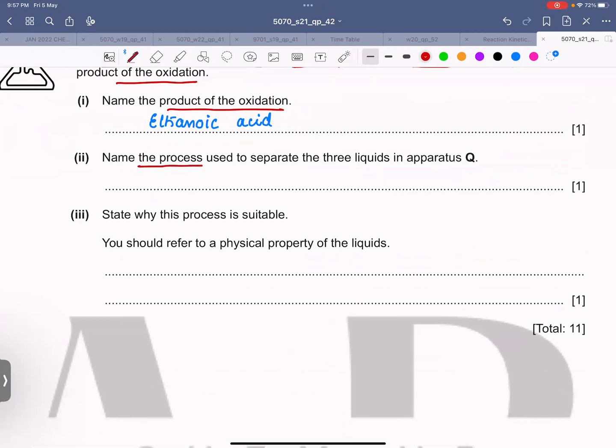Next, name the process used to separate the 3 liquids in the apparatus Q. There are 3 liquids, so we would do fractional distillation. If there are 2 or more liquids in a solution, then those can be separated by fractional distillation.